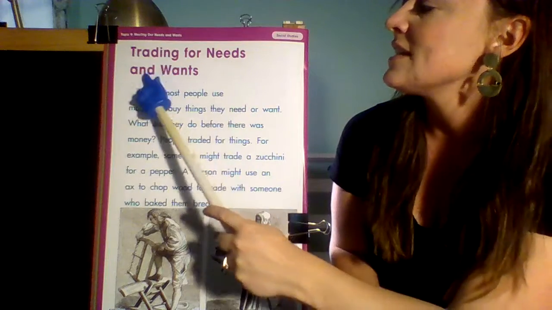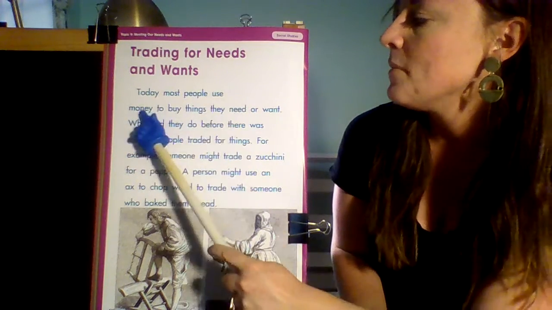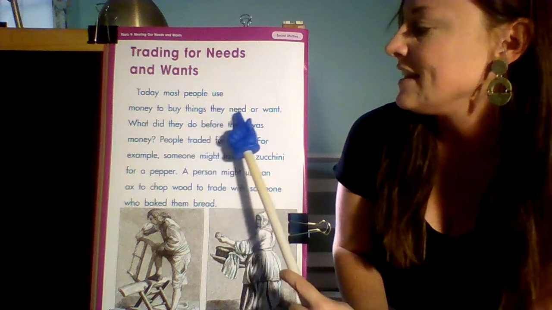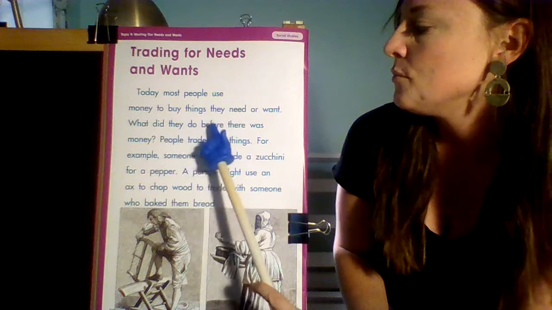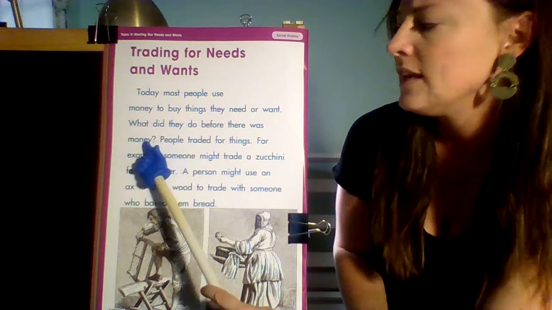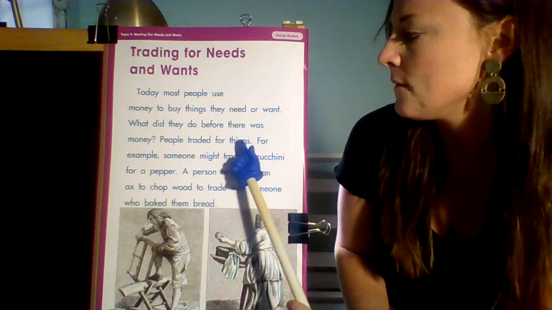Trading for Needs and Wants. Today, most people use money to buy things they need or want. What did they do before there was money? People traded for things.